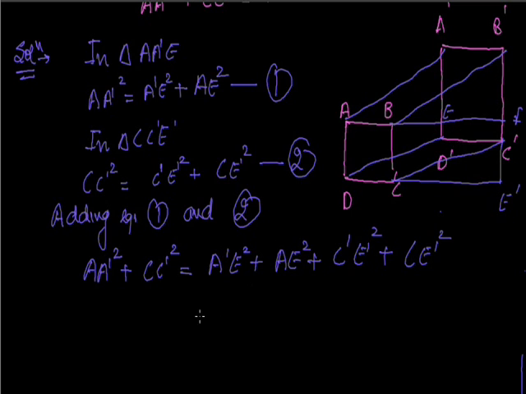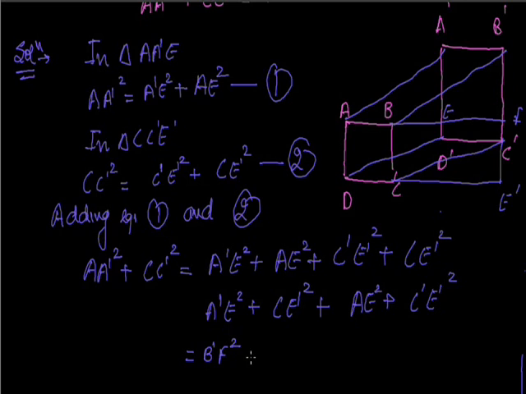In place of AE square, we will write B'F square, since AE is equal to BF, and CE is equal to BF square.